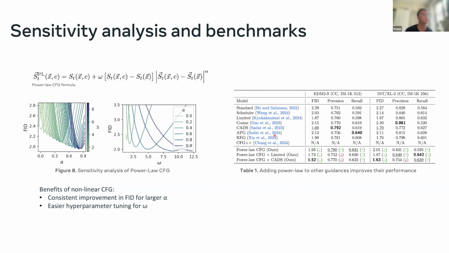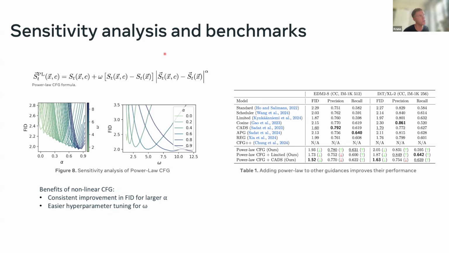And then the last thing that we did is, because in our case we proposed adding this nonlinear difference of the scores, there are many works on classifier-free guidance that propose different techniques. Most of them correspond to having some sort of time scheduler for omega. This is still a classifier-free guidance method that falls within our framework of nonlinear ones.